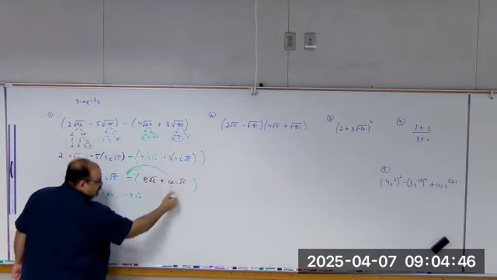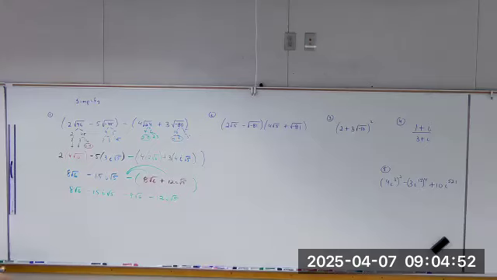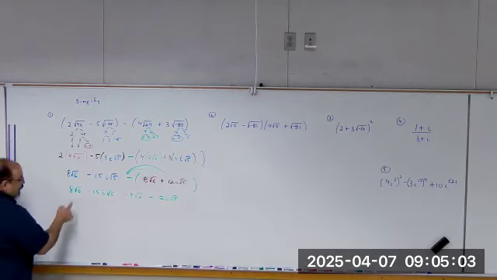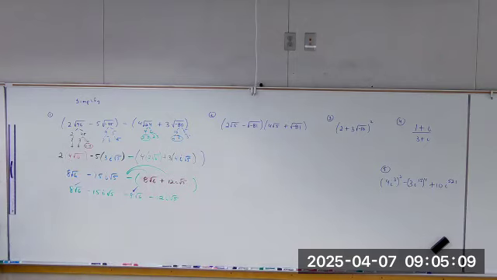Minus 12i square root 5 is now a negative 12i square root 5. Now we just combine like terms. We have 8 square root 6 and a negative 8 square root 6. So positive 8 square root 6, take away 8 square root 6, they cancel out and make 0.